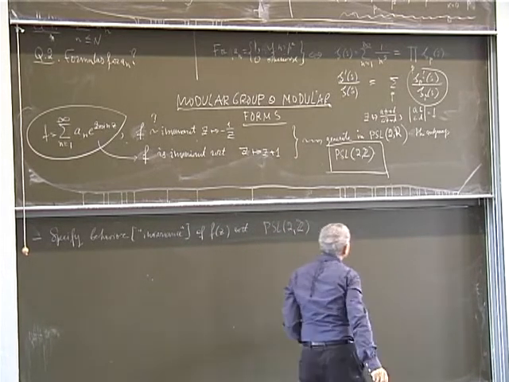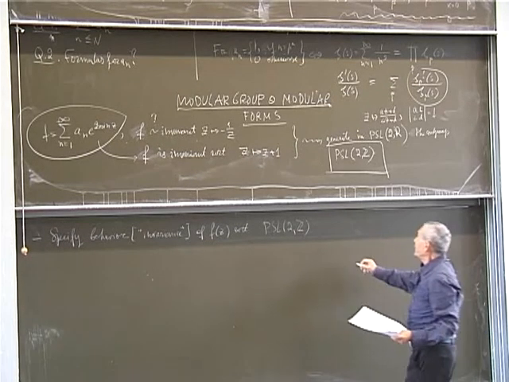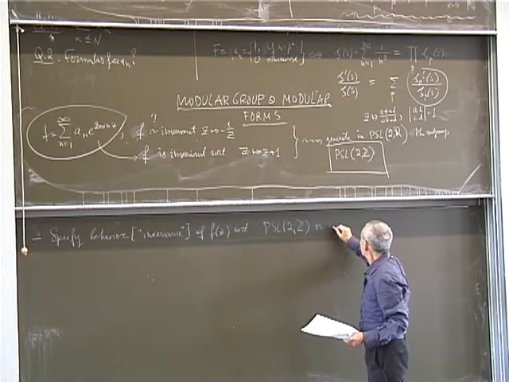Well, okay, I have allowed also not necessarily the transformation z to minus 1 over z, but to minus 1 over n z. Then a subgroup of finite index appears.